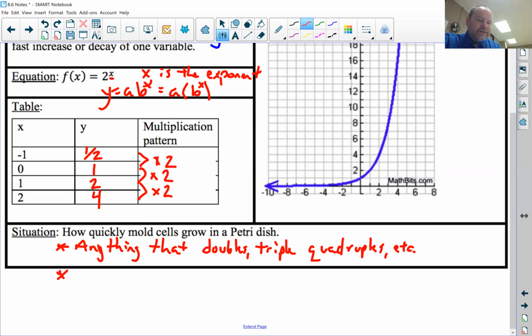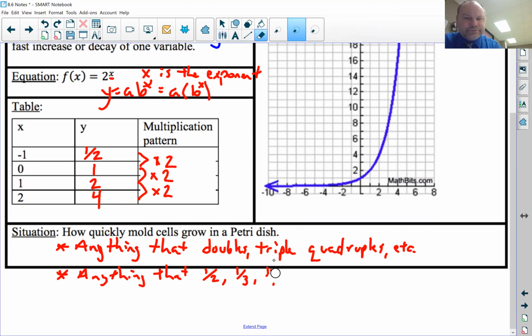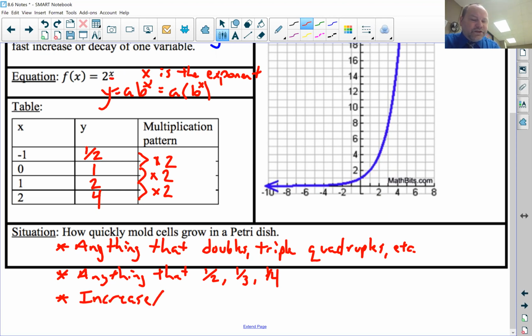We could also have things, anything that goes half or a third or a fourth, like that would be exponential. It would just be exponential decay. Anything that shows an increase or decrease of a certain percent over time.